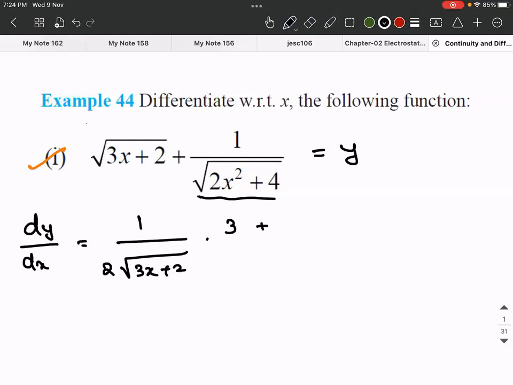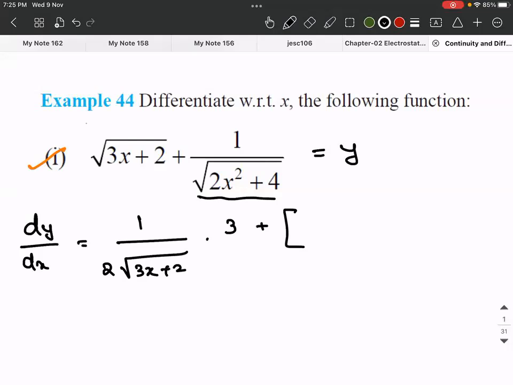Sir, minus 12, minus 6x upon. You are telling me the final answer? No, sir, only that. Okay, tell me. Sir, minus 6x upon 2x square plus 4 the whole power 3 by 2.